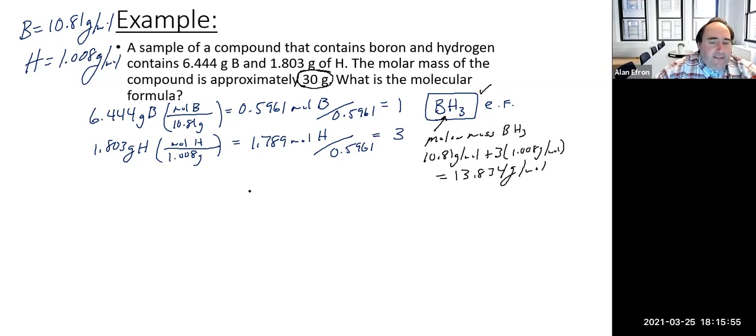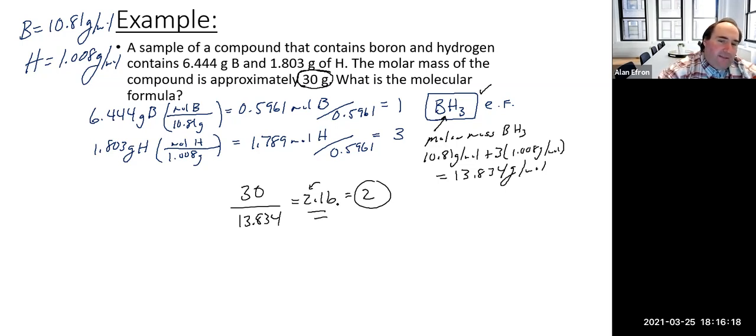At this point, we take the molar mass of the compound that was given to us and divide it by the molar mass of the empirical formula, and here we get maybe something like 2.16. In this case, it's probably close enough to round. This is probably the only place where it's okay to round in this type of problem.